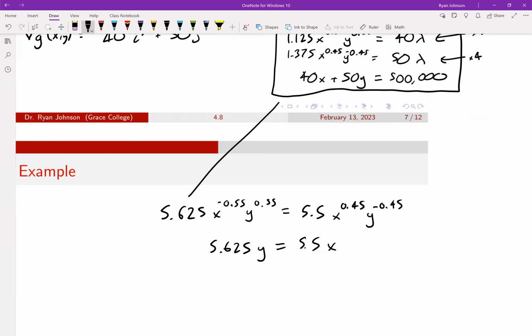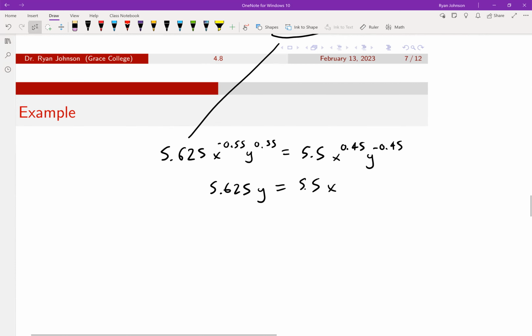So then, solving for one of them, let's do 5.625 divided by 5.5, and I get an awful repeating decimal. Fraction-wise, that's just 11 over 2, and 5.625 times 8 is 45 over 8.